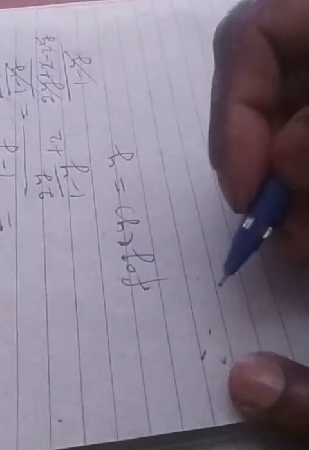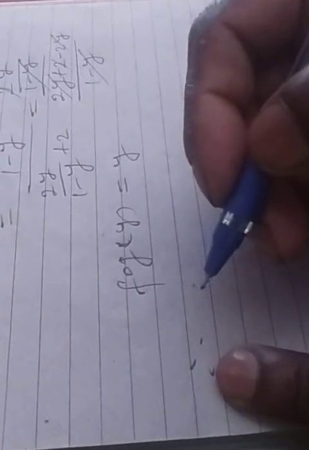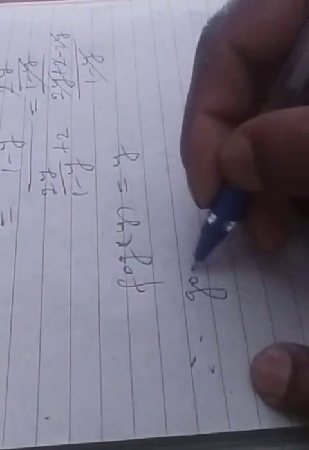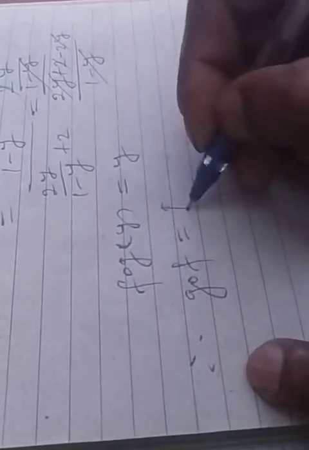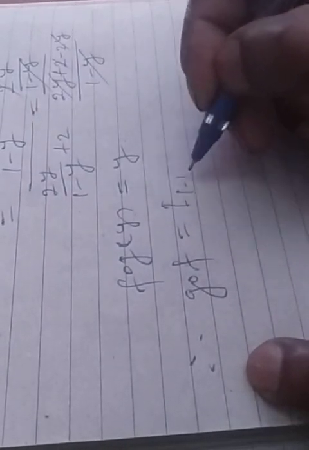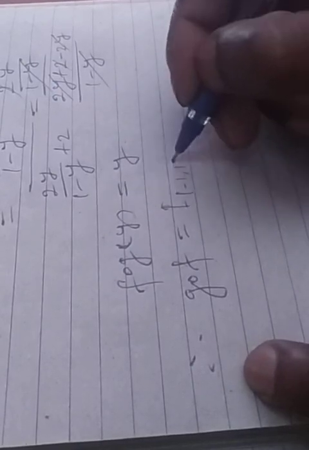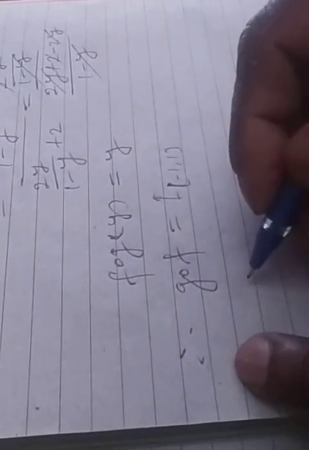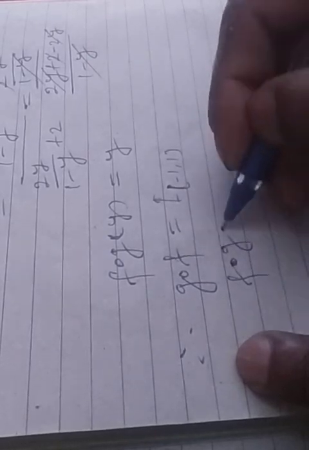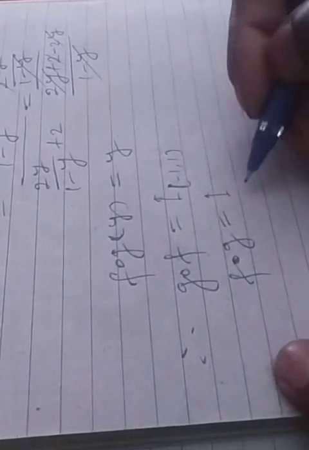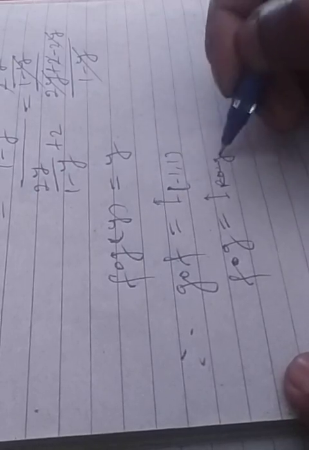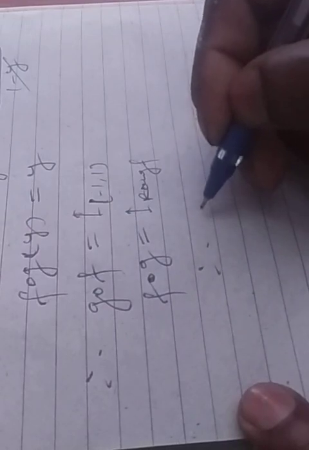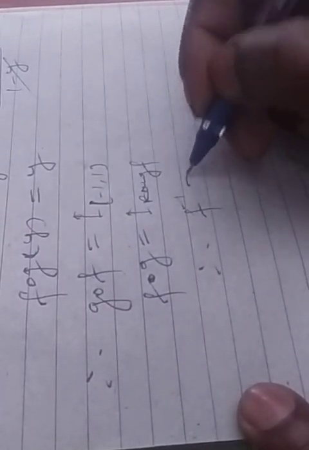Therefore, gof is equal to I on the closed interval -1 to 1, and fog is equal to I on range of f, and therefore we can write f inverse is g.